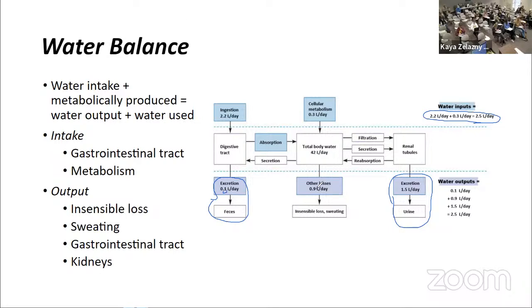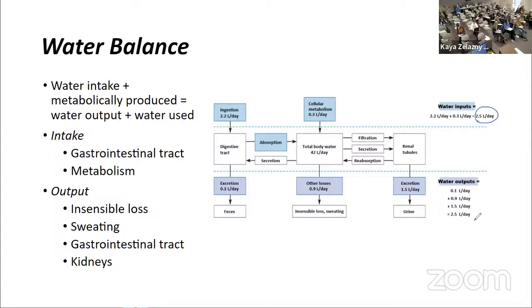Other places we lose water, we might consider insensible loss, meaning you don't notice it, essentially, you don't feel it. So insensible losses, sweating, some will lose in the gastrointestinal tract, kidneys to urine, so on. Okay. Cool. All right.